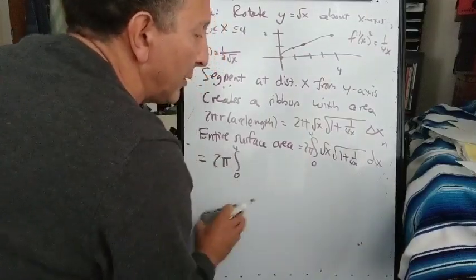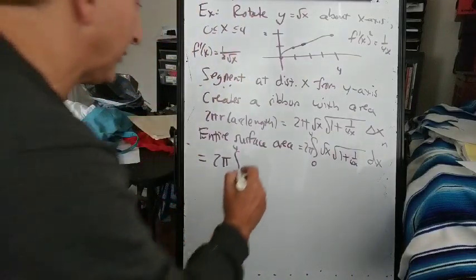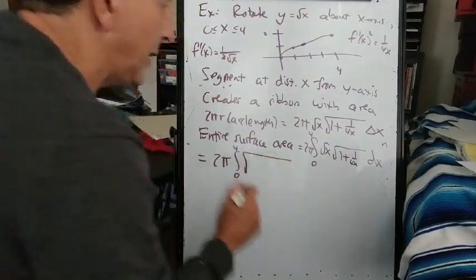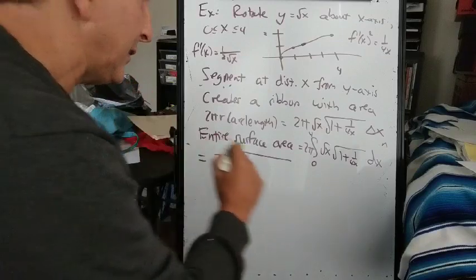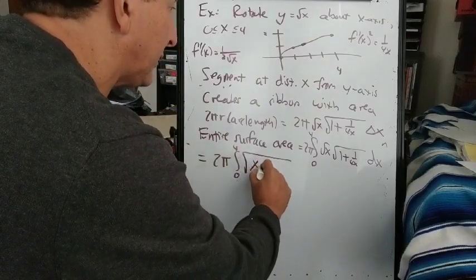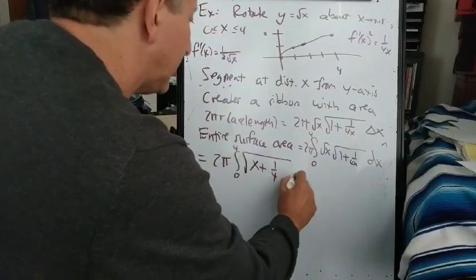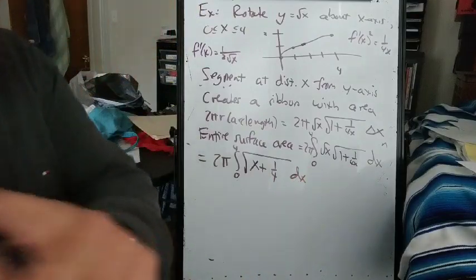The square root of x and the square root of 1 plus 1/4x can just get multiplied inside of one square root. And so I guess we have the square root of x plus 1/4 dx.